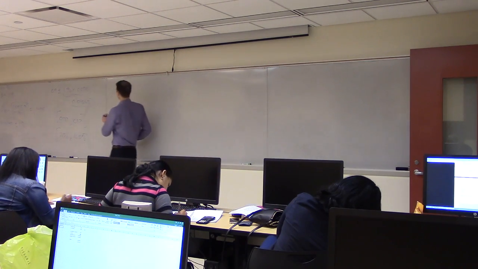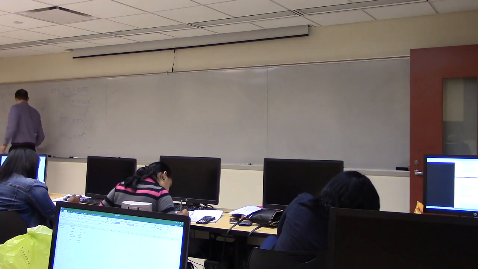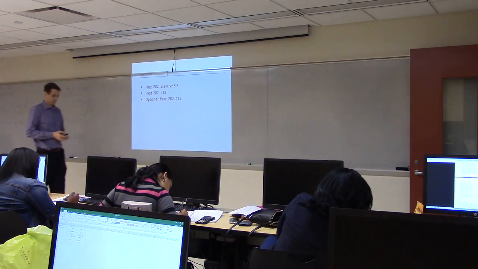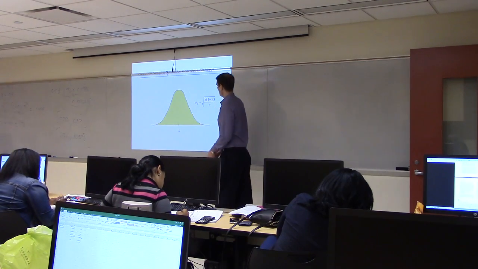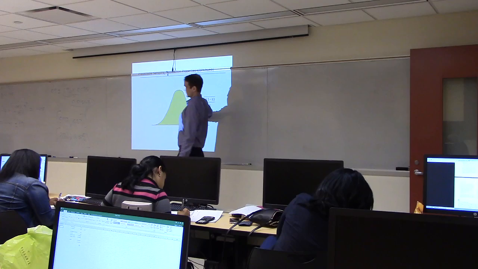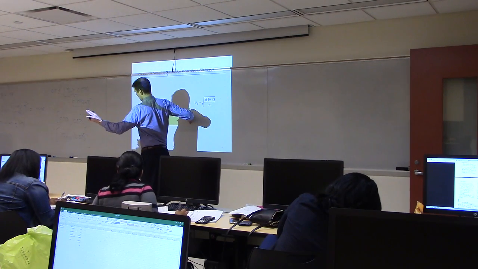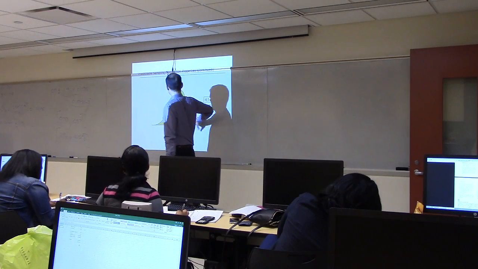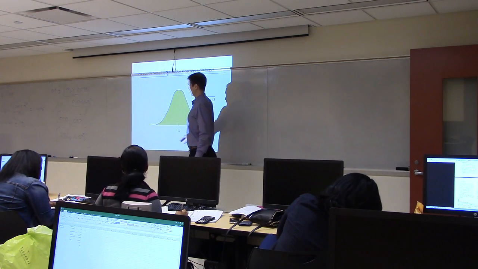Let me go back to the slides. All right, so if we were to conduct 1,000 sample means, or sample proportions, they would fall into this nice, beautiful, normal distribution bell curve.